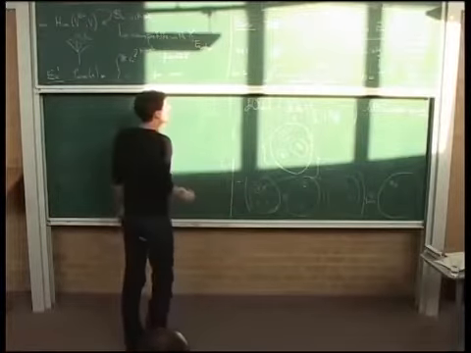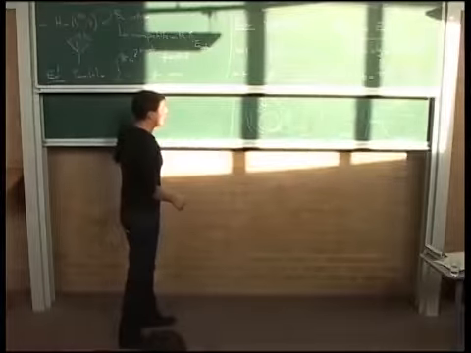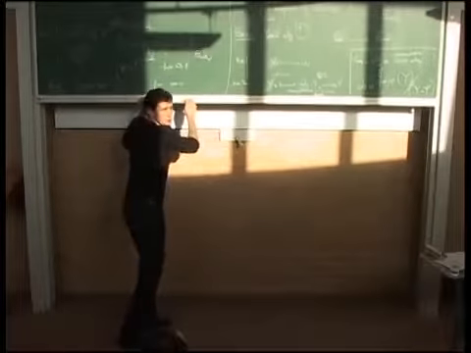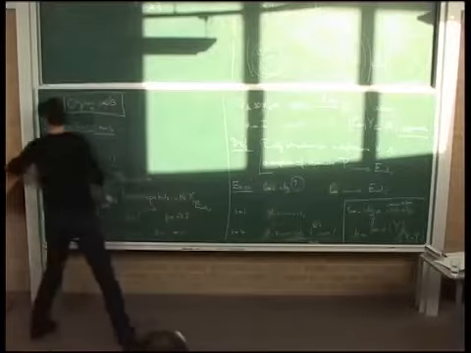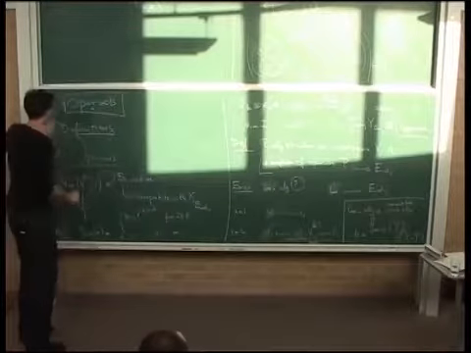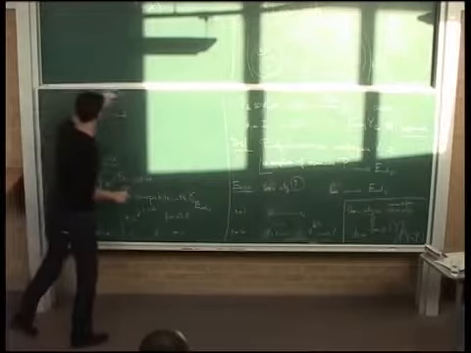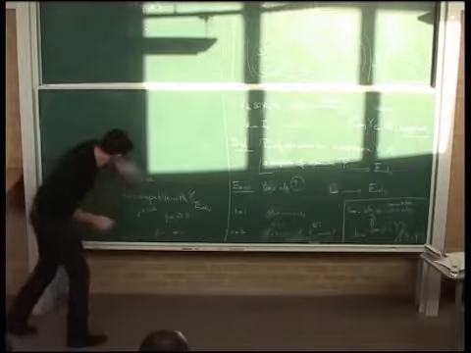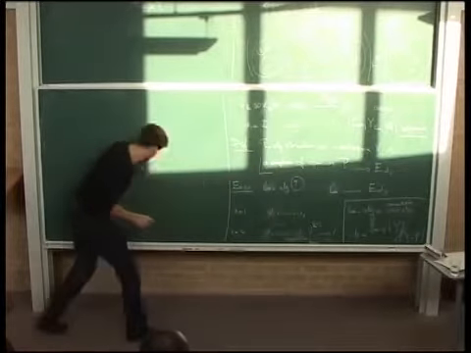Now if you look at what we did before, a very natural question to ask is, what is an algebra over this operad? First, let me give you examples of algebras over this operad.